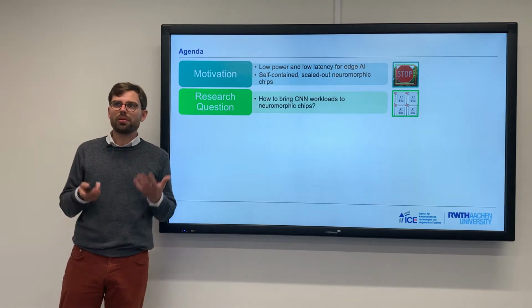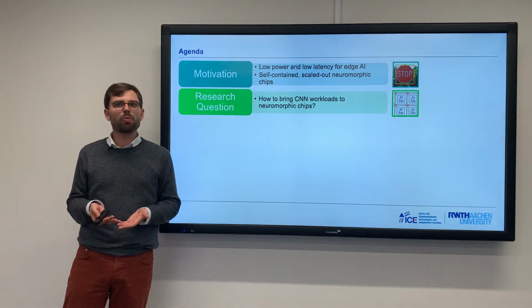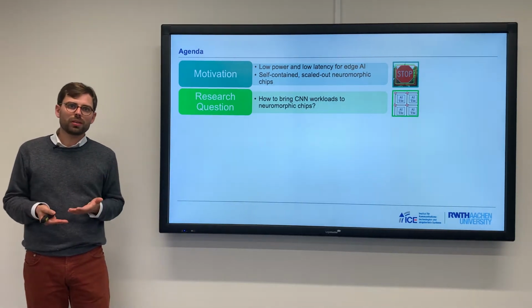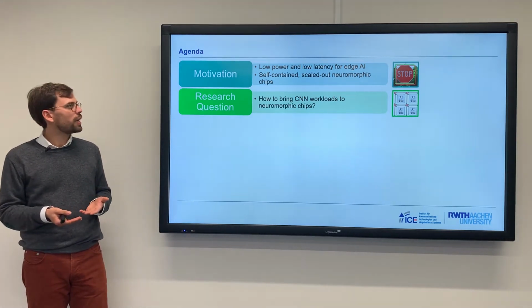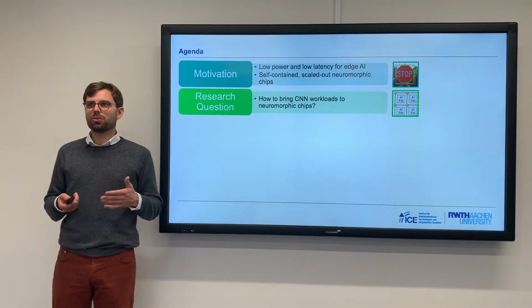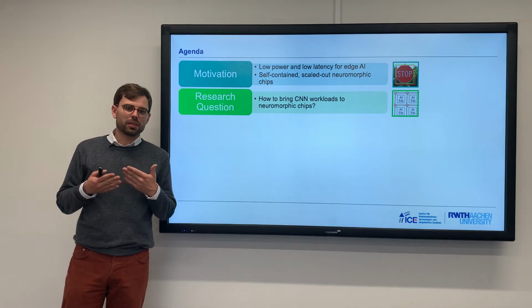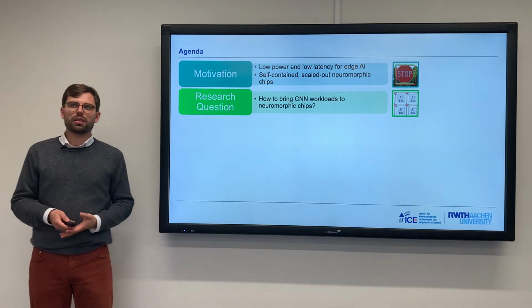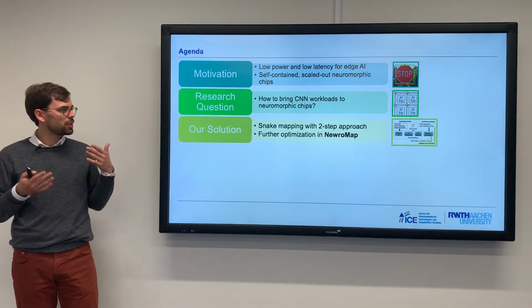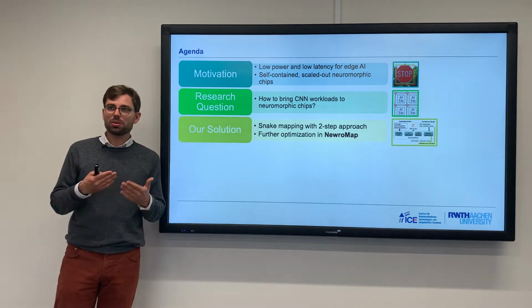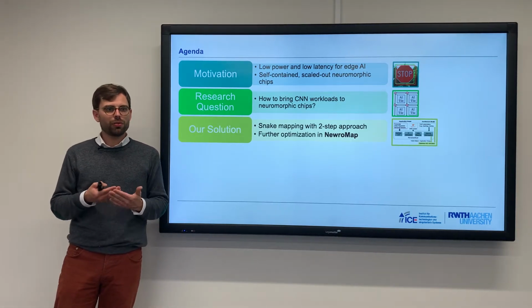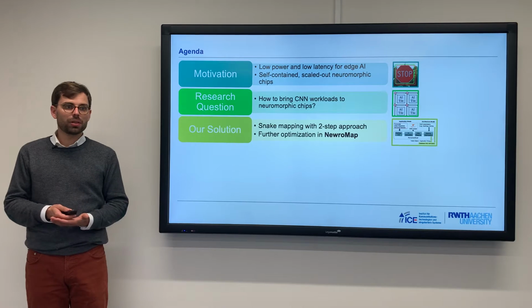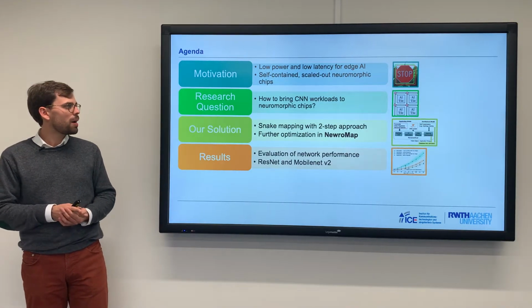So you saw there's a high demand for low latency and low power processing, and these neuromorphic accelerators are one possible solution for that. And then our research question is, how do we bring these CNN workloads to these kinds of architectures? And our solution is a snake mapping, which uses a two-step approach. And then we also do a further optimization of the snake mapping with a tool that we call NEWROMAP.